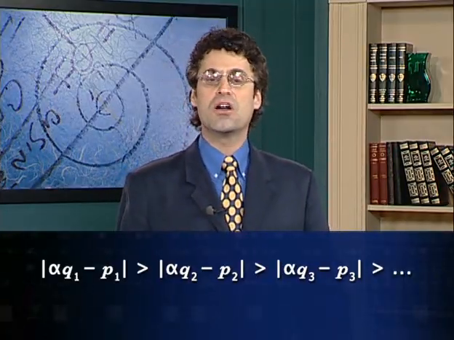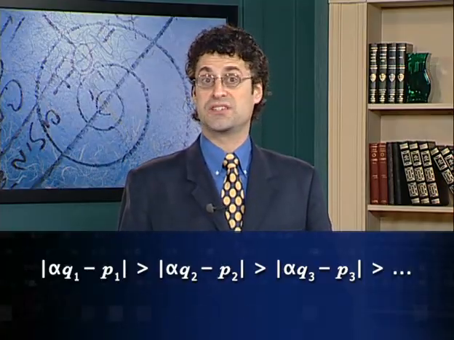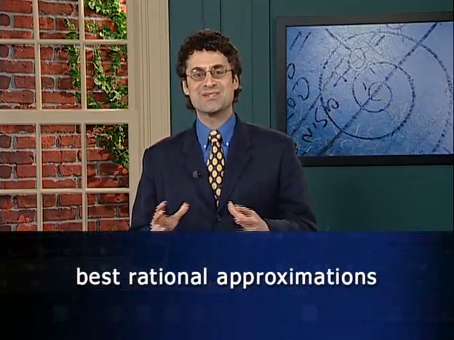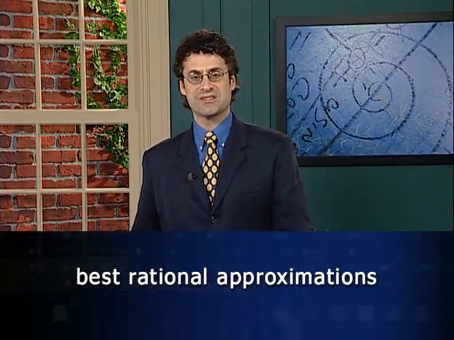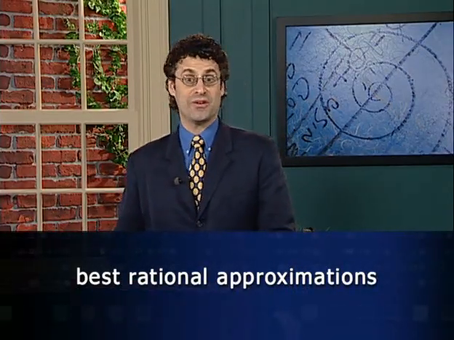These quantities are ever shrinking towards zero. Well, these rational numbers thus offer a very good approximation to alpha relative to their denominators. These weighted measures are getting smaller and smaller. Well, these observations lead to a new notion, that of the best rational approximations to an irrational number alpha.